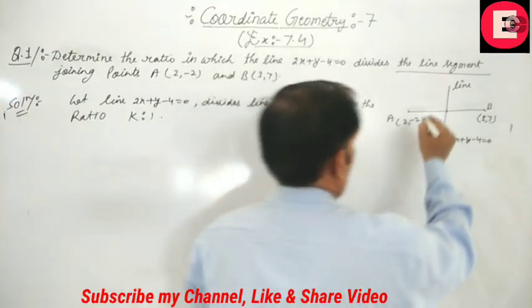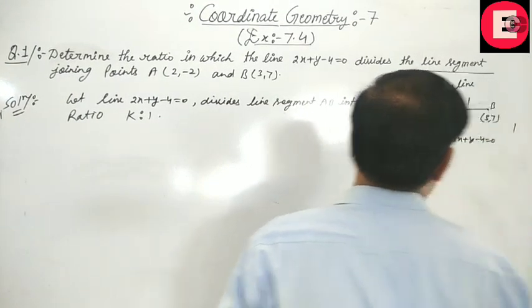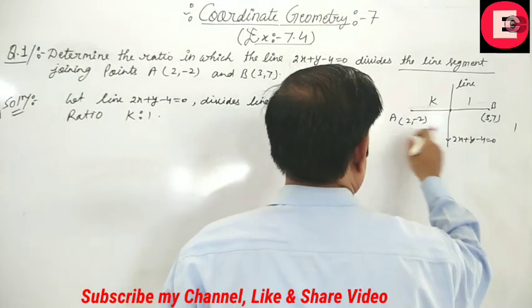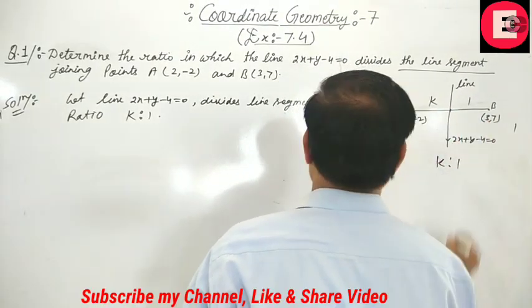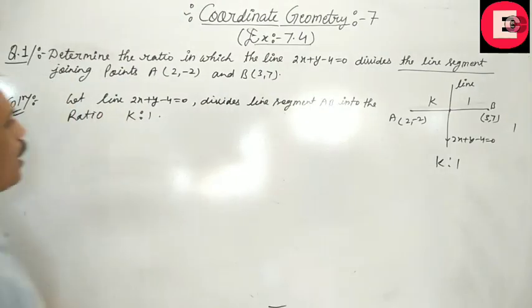Okay, let it be k and 1. Then the line divides the line segment AB in the ratio k:1.